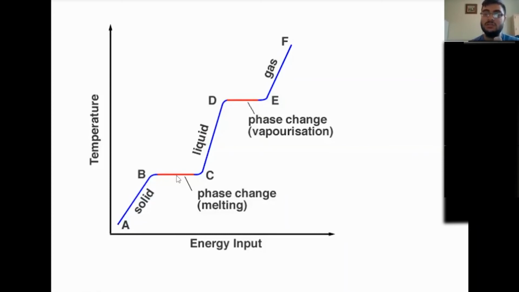The ice is slowly starting to melt into water. As you put in more fire, the ice changes more to water, but the temperature doesn't increase. It's still 0 degrees. This is important, right? Until this point C, the temperature will not change at all. And at this point C, all of the ice has melted fully into water. There's no more ice left.